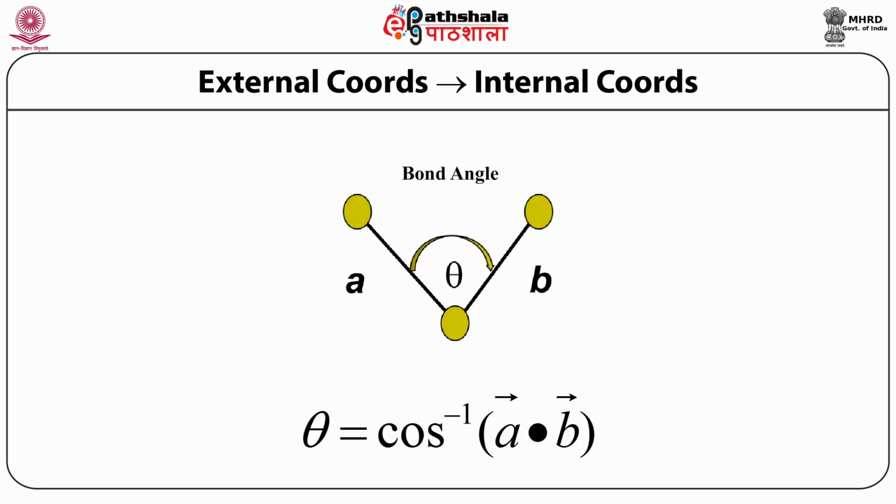So given the external coordinates specified in terms of x1, y1, z1, x2, y2, z2, x3, y3, z3, one can calculate the two vectors, and from the two vectors one can obtain the bond angle, which means again in this particular case external coordinates can be completely converted into the relevant bond angles, no problems there.